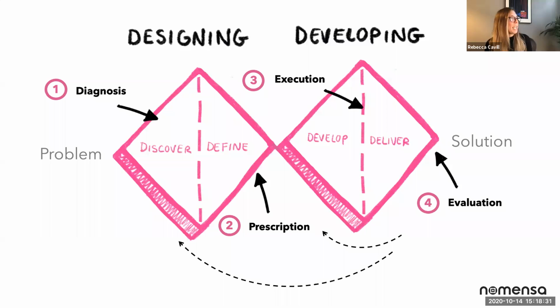So we go out into this huge venture of discovery, and then we start trying to define what the solution might look like later. So narrowing down all of those insights into what's most relevant to take forward. We then go into this development phase where we ideate and think about all the possible solutions, and then we narrow back down again to the best solution to take forward to deliver to solve our problem.